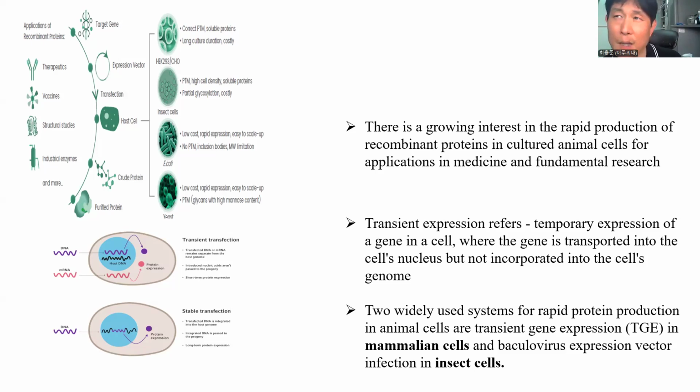Especially for secreted protein, mammalian cells use the ER, Golgi, and secretory vesicle system. While the polypeptide chain passes through the ER, Golgi, and then secretory vesicle, at all the steps the polypeptide is modified for making the correct conformation, 3D structure, and also in terms of glycosylation.